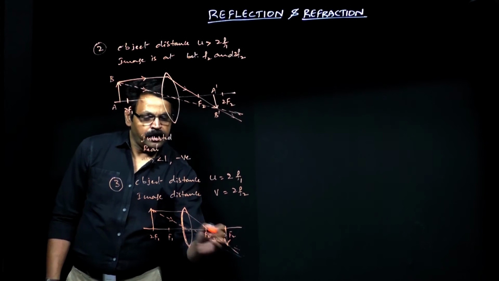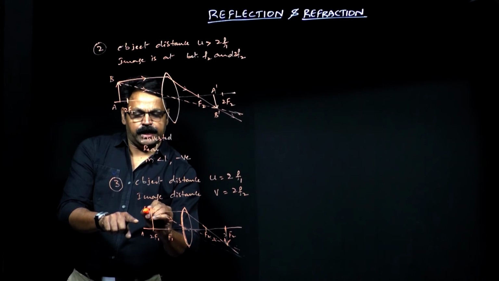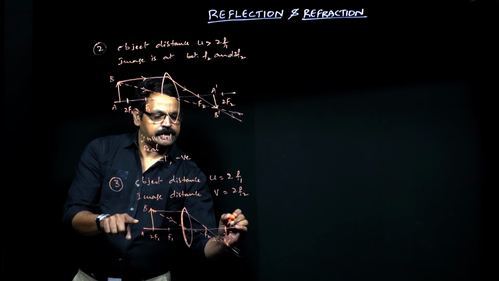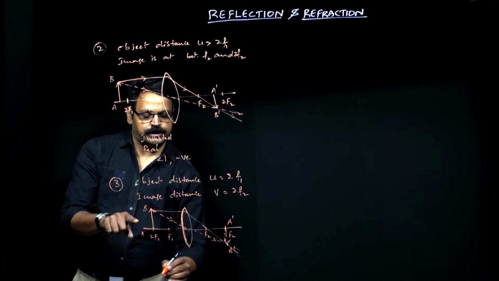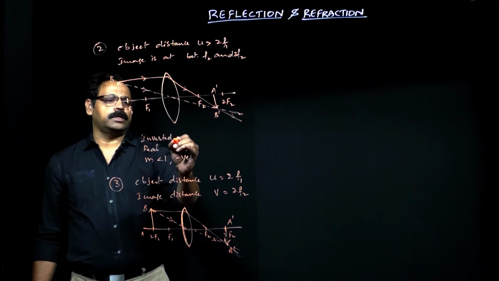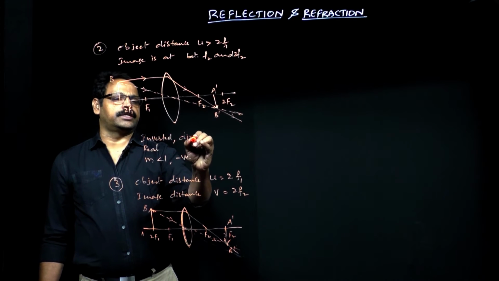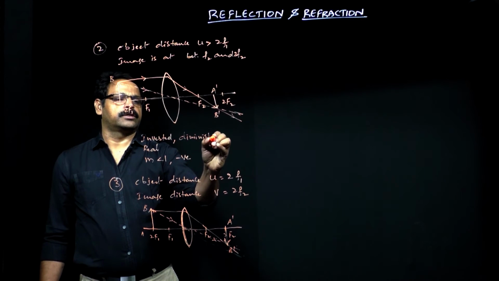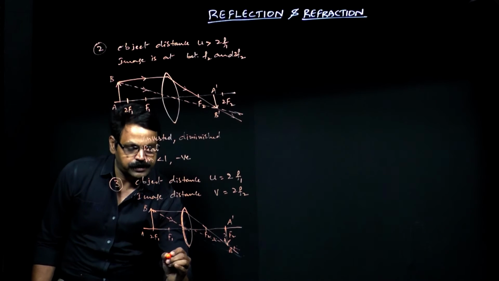That means the size AB is going to be the same as that of A dash B dash. In the first case the size was diminished, and here it is the same size.